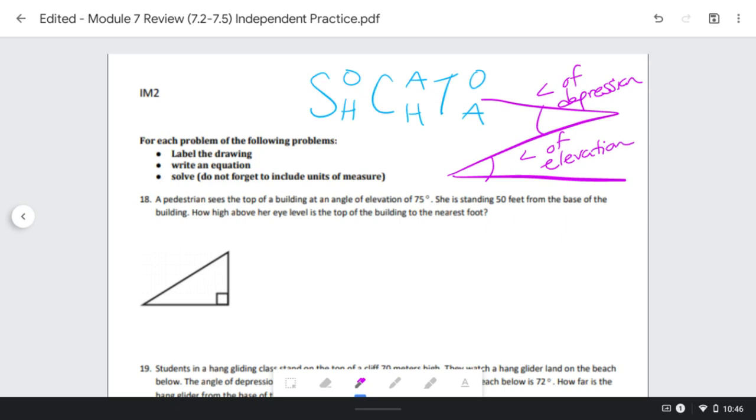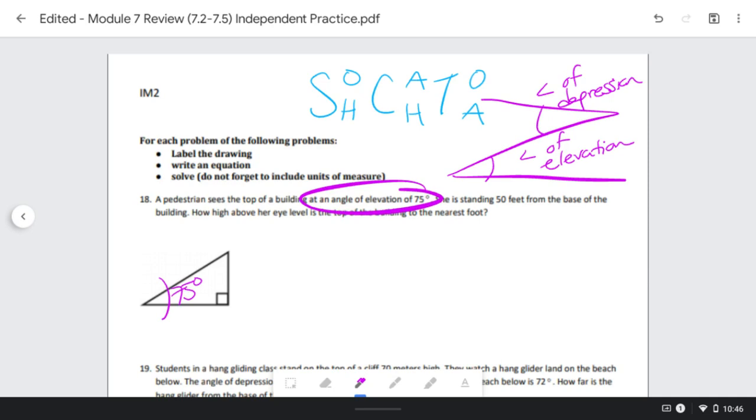Now, it really doesn't matter whether you're given the angle of elevation or the angle of depression, because it's going to be this bottom one that you label with whatever degrees they give you. If this right here said angle of elevation or angle of depression, I would still label this 75 degrees.